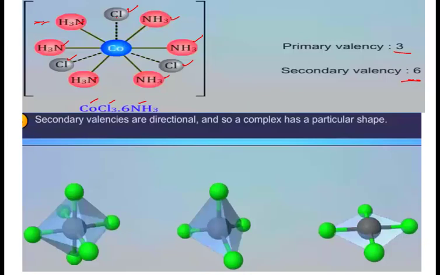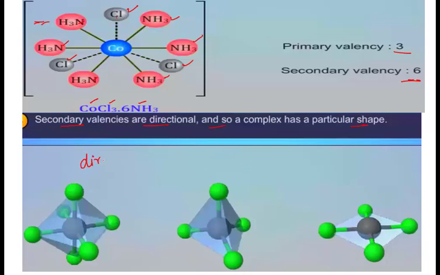Okay. The next postulate: secondary valencies are directional. Now this is very important. Secondary valencies are directional, and so a complex has a particular shape. That means the shape of the coordination complex depends on the number of secondary valencies, because they have directional properties.